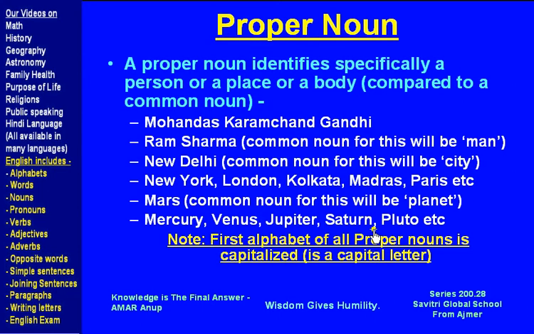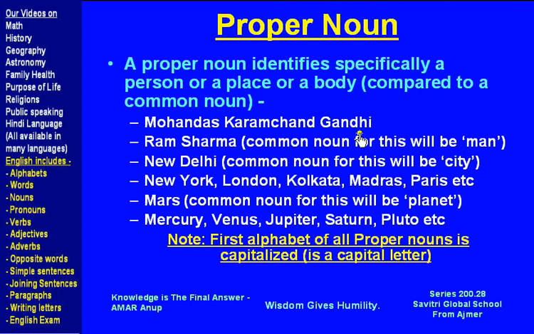Now, compared to common noun, a proper noun identifies specifically a person or place or a body. So when I say Mohandas Karamchand Gandhi, it's a proper noun because it's name of a proper person.